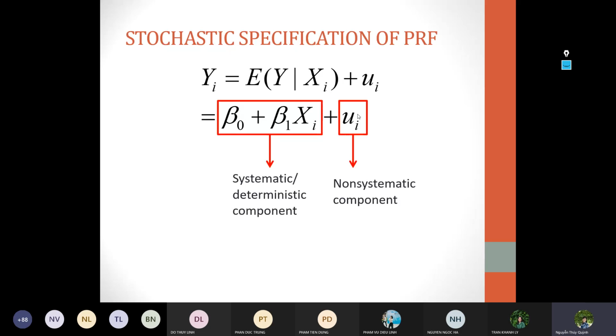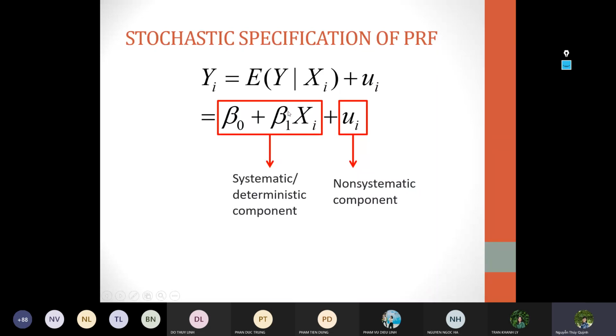In some observations, the non-systematic component u_i may affect this one a little bit, and that one a little bit, but for the whole population, the non-systematic component does not affect the value of the dependent variable. And the other part is called the systematic or deterministic component.